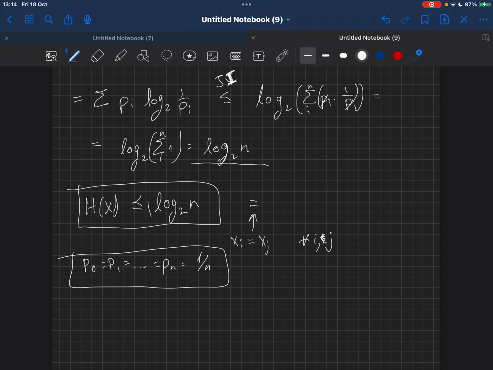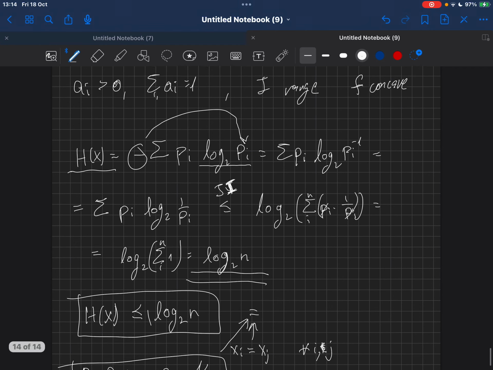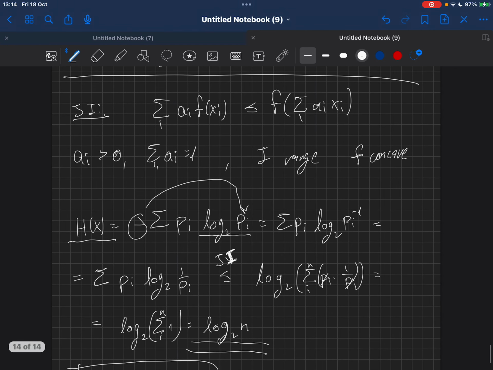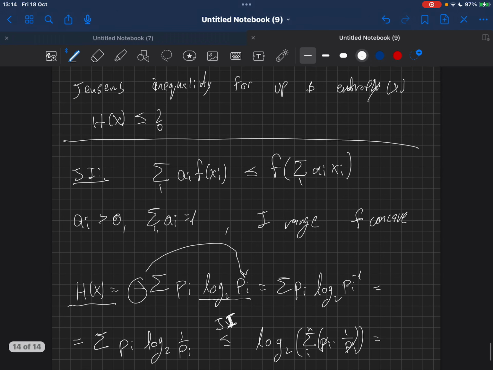In this case there is an equality, but generally I showed you the inequality, the upper bound for the entropy of a random variable using Jensen's inequality, because log base 2 is a concave function, okay?